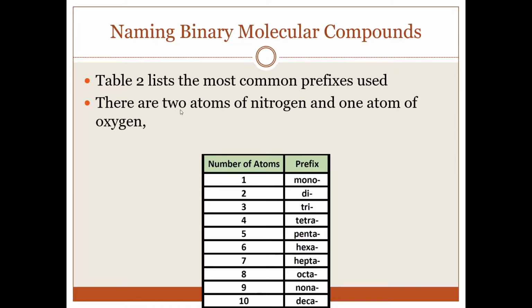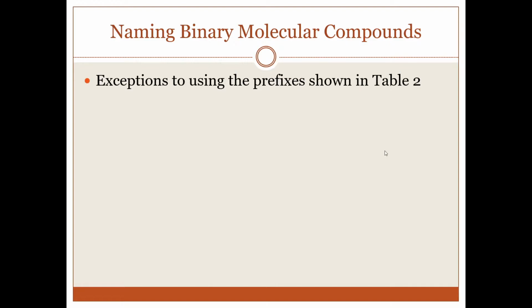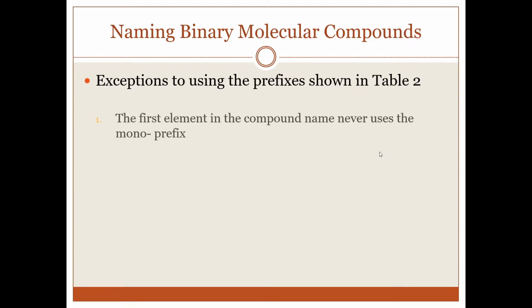Since there are two atoms of nitrogen and one atom of oxygen, it's dinitrogen monoxide. Di meaning two atoms of nitrogen, mono meaning one atom of oxygen: dinitrogen monoxide. There are also exceptions to these rules. One is that you never use the mono prefix for the first element.